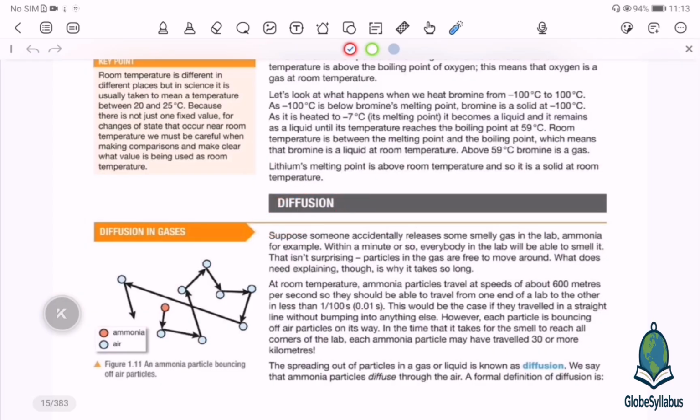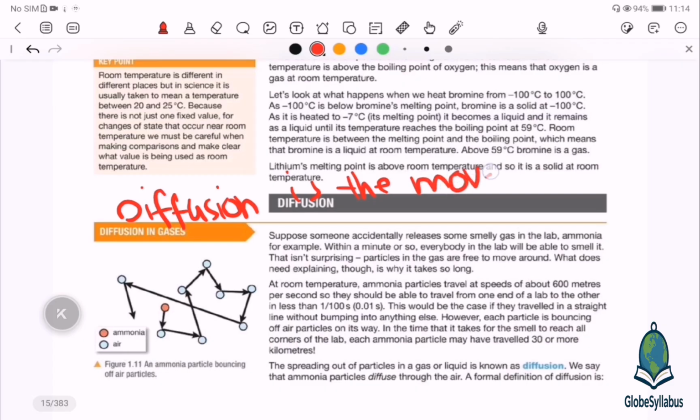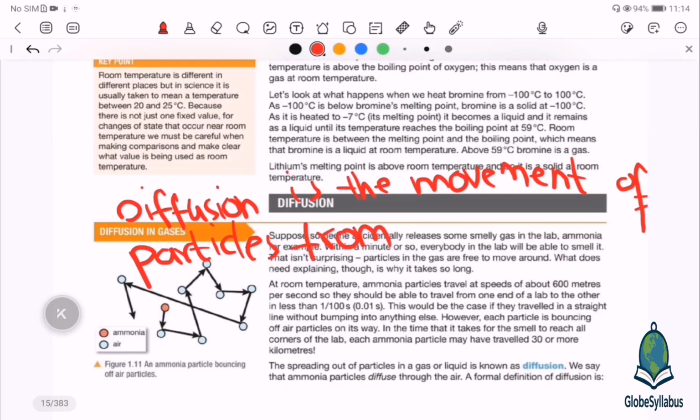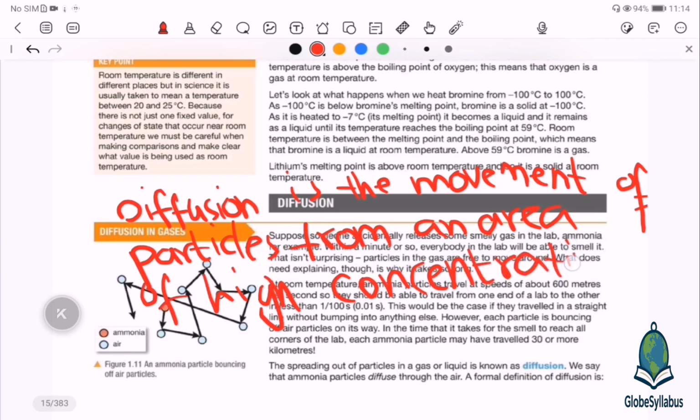The main definition you need to memorize is that diffusion is the movement of particles from an area of high concentration to an area of low concentration.